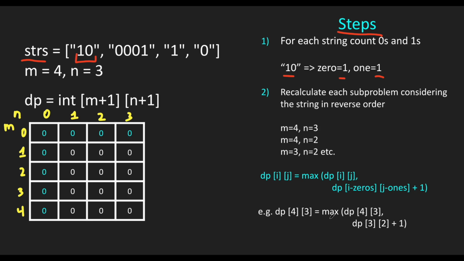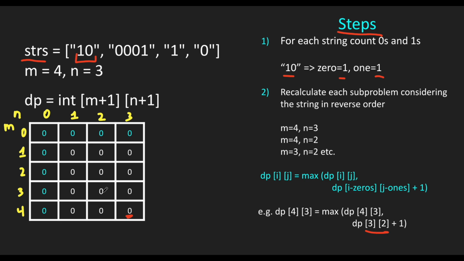So what should we do? We take whatever the max value is here, or we can consider our string and take the value of the subproblem. If we are considering our string, we need to subtract from our 4 and 3 how many zeros we have and how many ones we have. So 4 minus 1 gives us 3, and 3 minus 1 gives us 2.